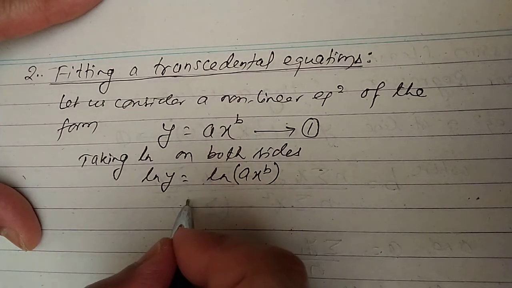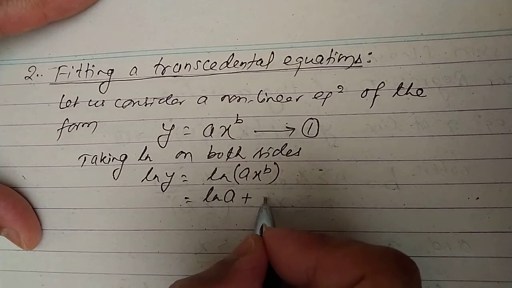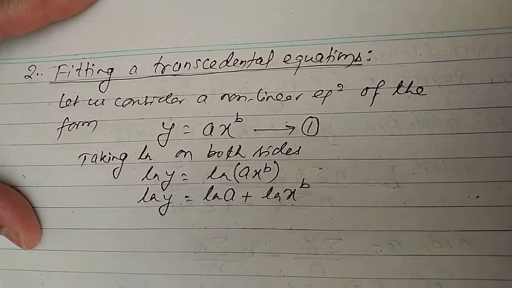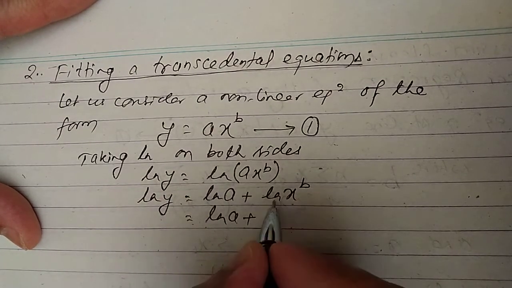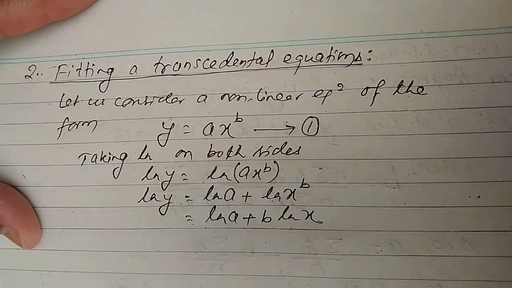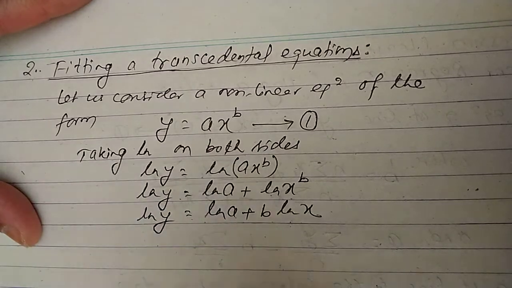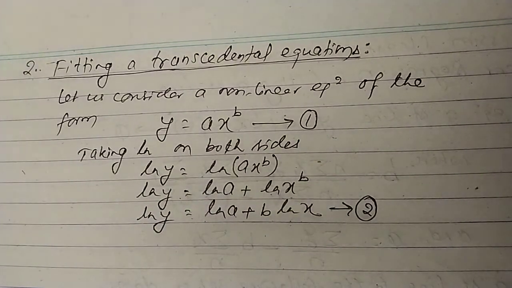By using the property of log, you can change it into ln a plus ln x power b. Also, ln x power b is b ln x, you know it. So that is the modified equation 2, by taking log on both sides of equation number 1.